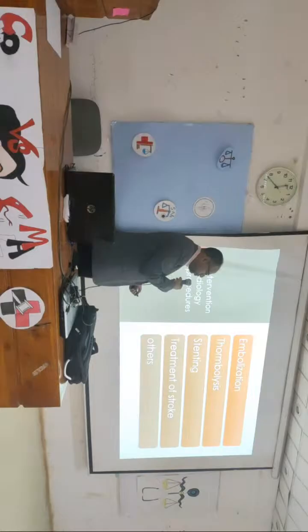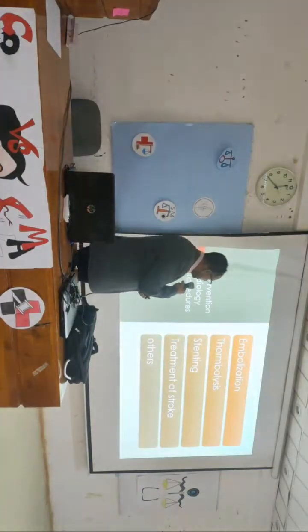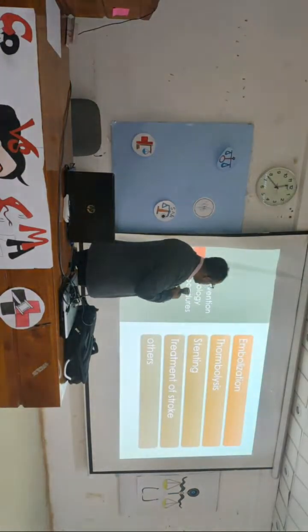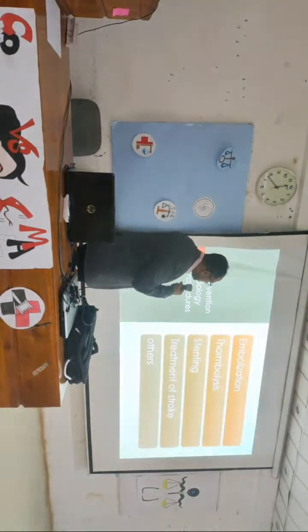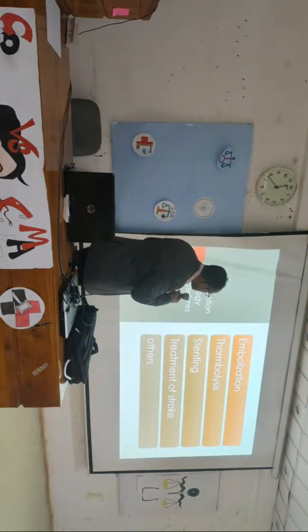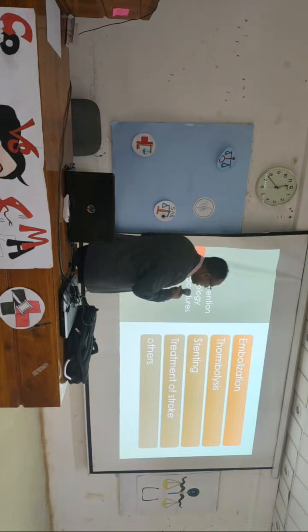And now we will talk in detail about these procedures. These are the main procedures that constitute the interventional radiology specialty. In interventional radiology, there is embolization. We will talk in detail about how to do embolization, the definition of embolization. We deliver cases here, and we also want to know the indications of embolization.